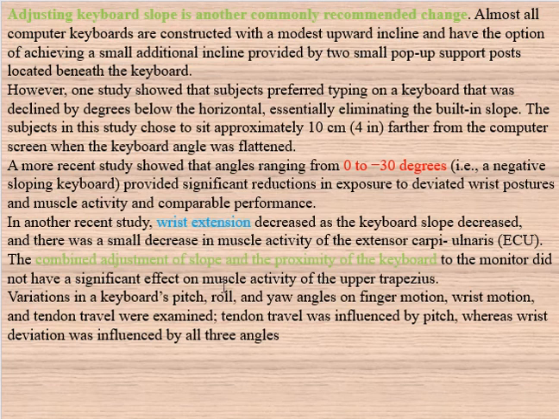The combined adjustment of the slope and proximity of the keyboard to the monitor did not have a significant effect on the muscle activity of the trapezius. Variation in the keyboard's pitch, roll and yaw angles on finger motions, wrist motion and tendon travel were examined. Tendon travel was influenced by pitch, whereas wrist deviation was influenced by all three angles.